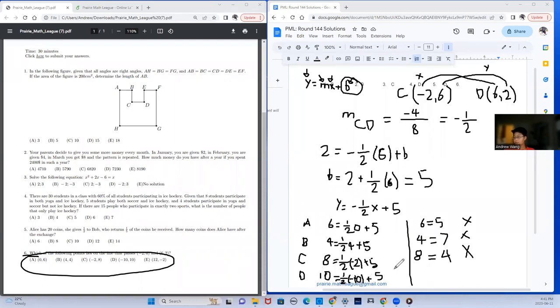The equation is 10 equals half of -10 plus 5. And this means that 10 supposedly equals -5 plus 5, so 10 equals 0. And that is also not right.